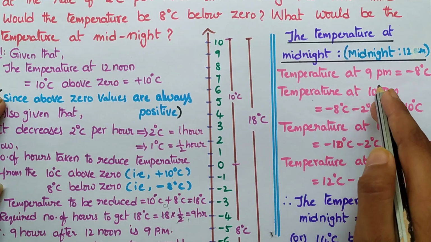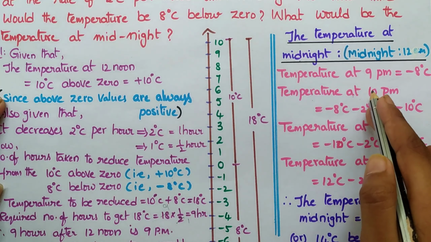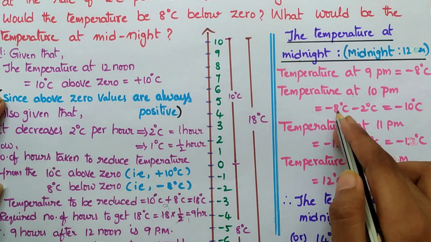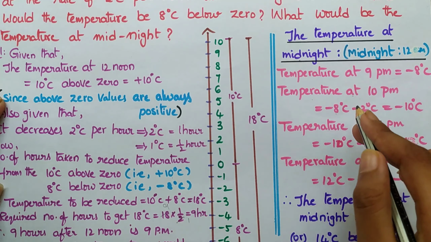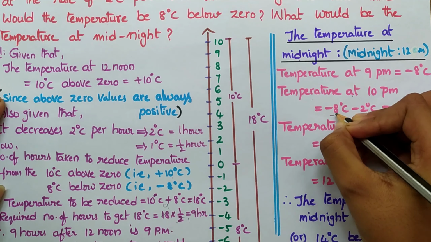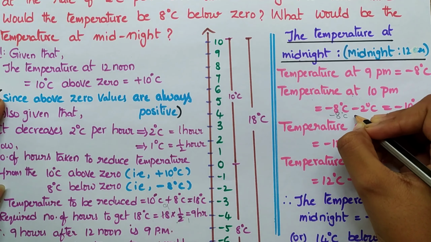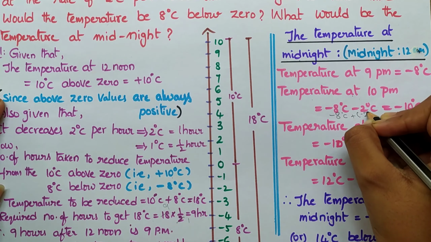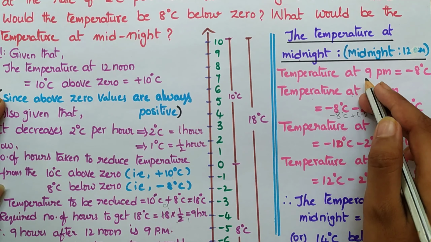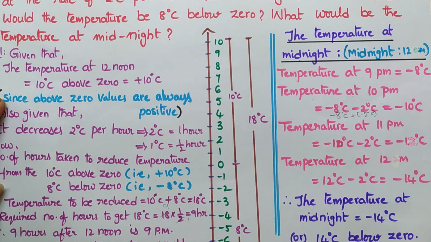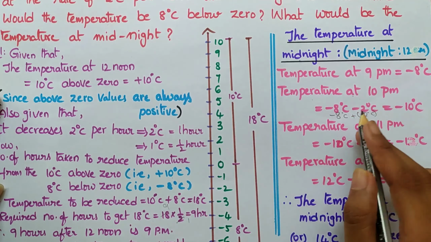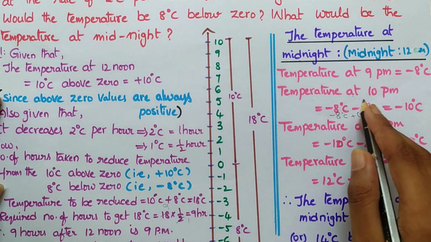Now the temperature at 10 p.m. What is the temperature at 10 p.m.? Minus 8 degrees Celsius plus of minus 2 degrees Celsius, because minus 8 is the temperature at 9 p.m. and minus 2 is the change per 1 hour. We have taken 9 and 10, so it is 1 hour.